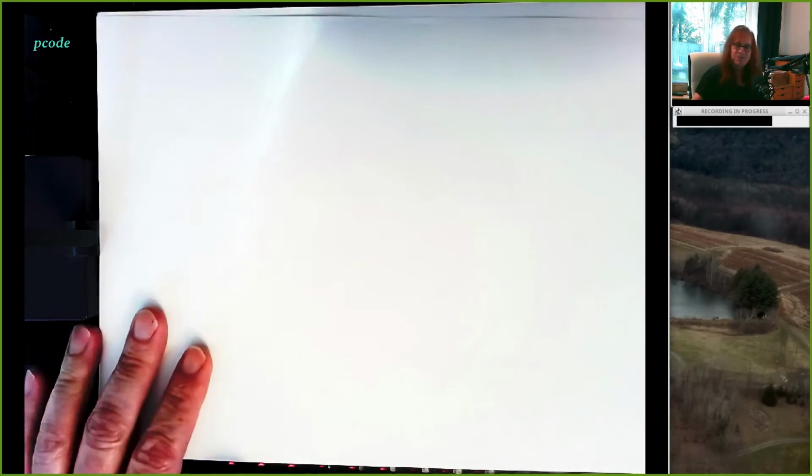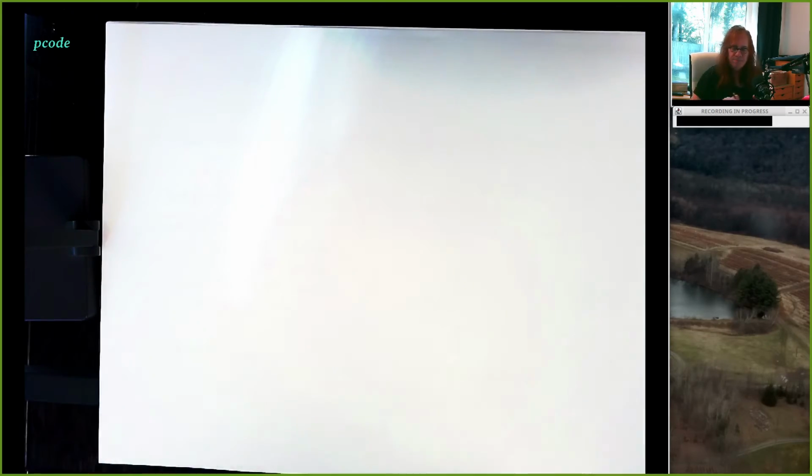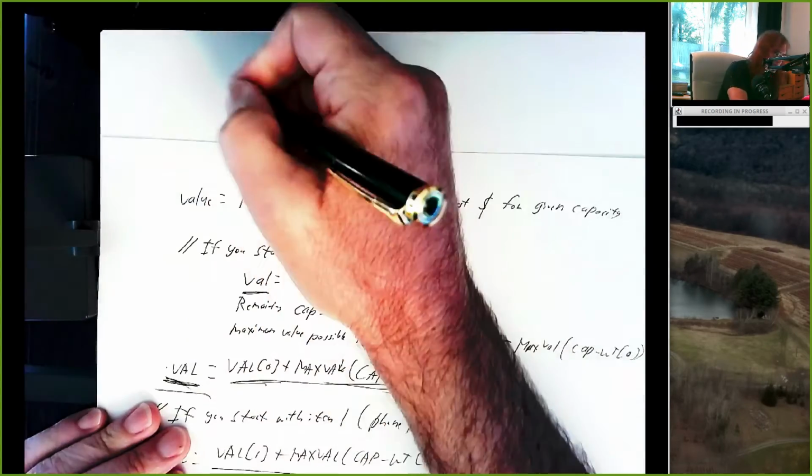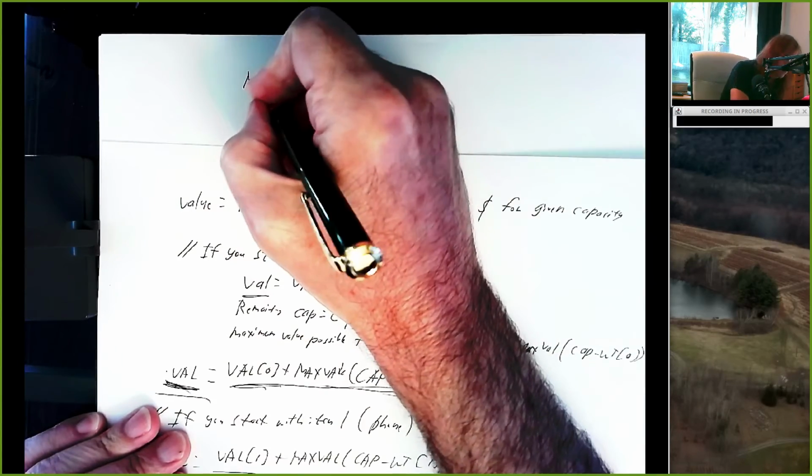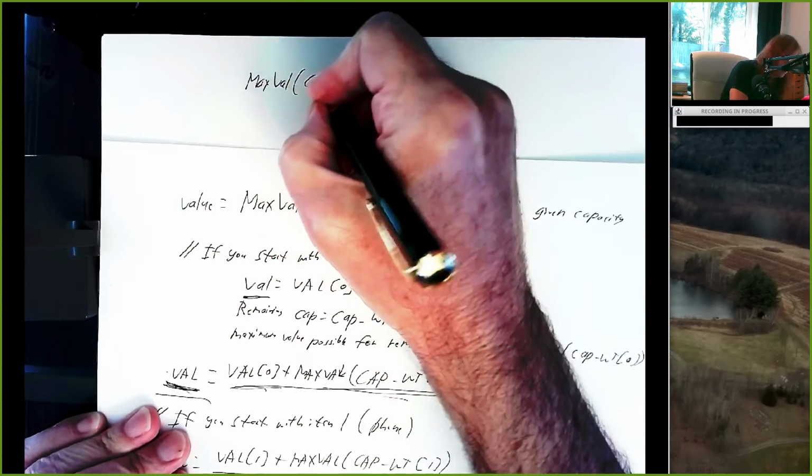So let's look at this in pseudocode. So we're trying to find max val of some capacity.